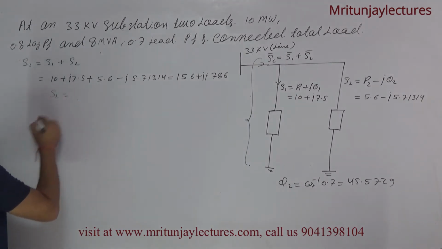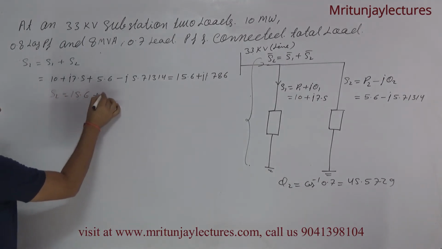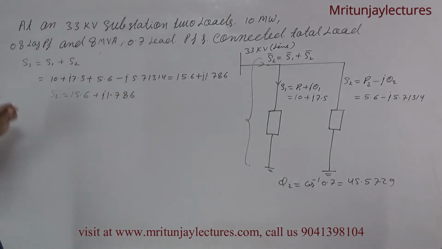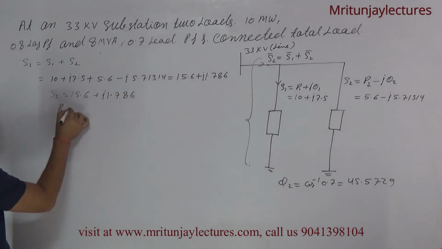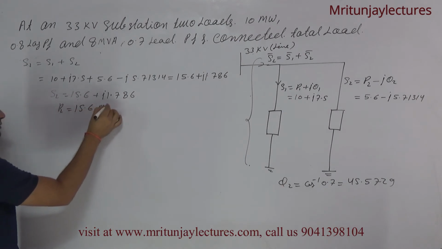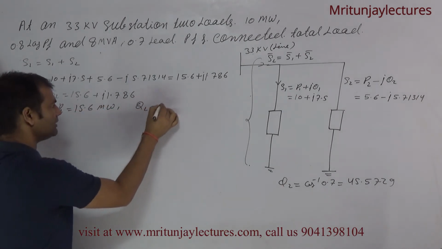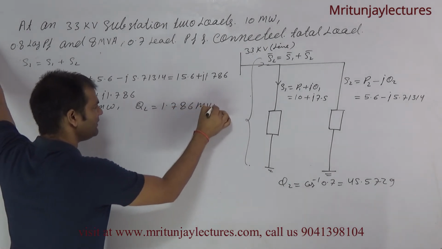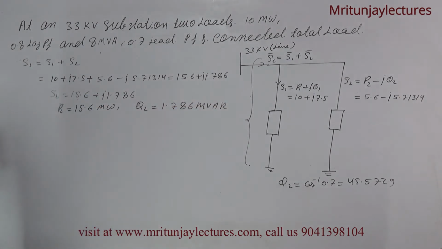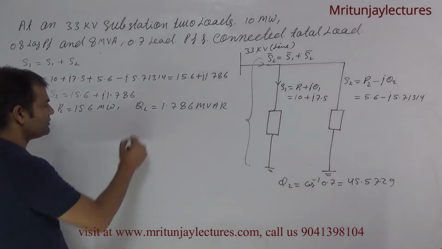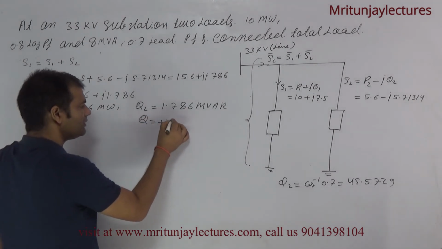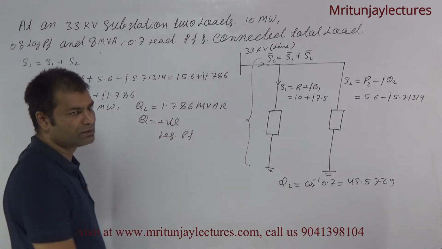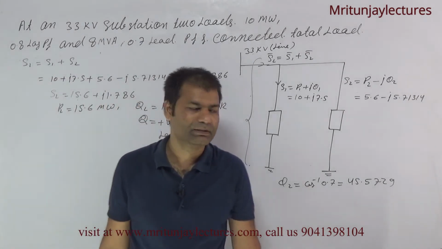What about PL? PL is written as 15.6 megawatt. And QL is written as 1.786 MVAR. QL is positive, which means lagging power factor. If Q is positive, it means lagging power factor.